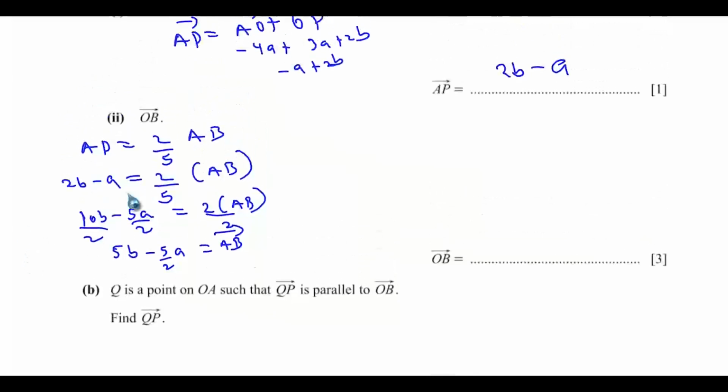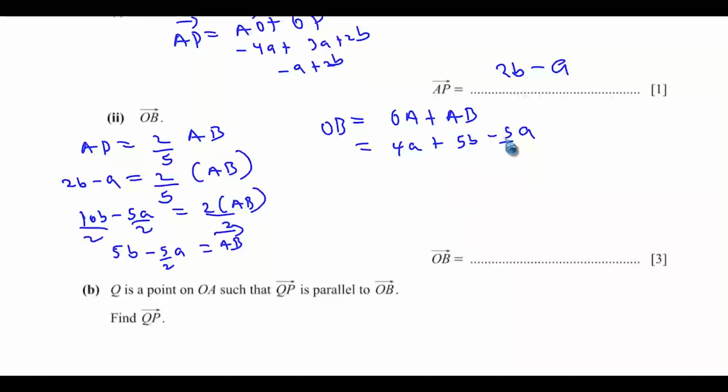So I will say that OB is equal to OA plus AB, and I know OA is given as 4A, plus AB, which is just this: 5B minus 5 over 2 A.